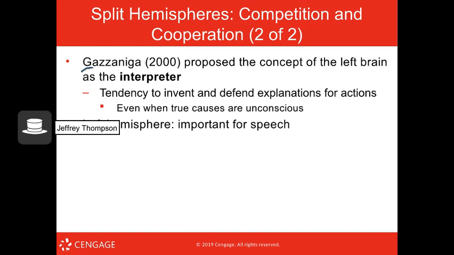If this last name looks familiar to you, you might recognize it because he was one of the authors of the Psychology 101 textbook that we often use here at Citrus, Psychology in Your Life. And he proposed the concept of the left brain as basically an interpreter. So the left side of our brain invents and defends explanations for actions, even if we don't really understand why we did something, right?